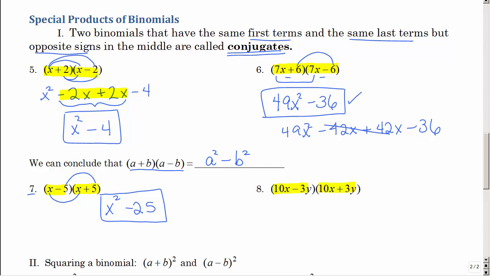Yes, they are. Exactly the same except the sign in the middle. So we can multiply the first terms, that's 100x squared. Multiply the last terms, that's 9y squared. And you're done. You should like those. But don't be lulled into a false sense of security. Books, worksheets, tests all try to trick you, so be very careful.